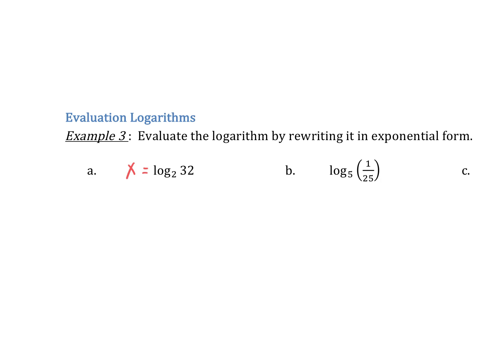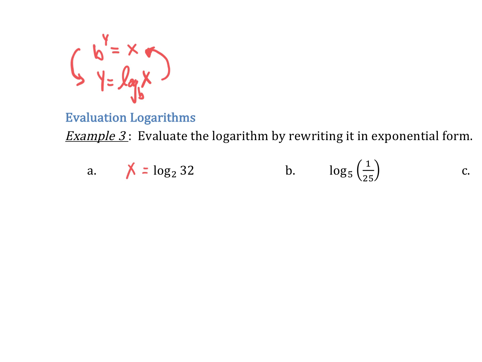And so we've got our key connection here, and I'll write it again. We've got b to the y equals x is the same as saying y equals log base b of x. We want to go back and forth. If we've got one form, we're going to change it to the other.